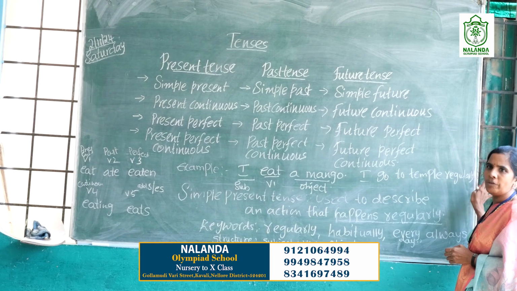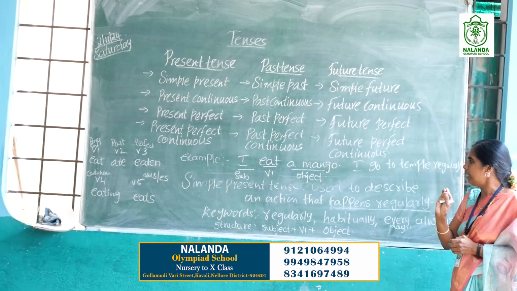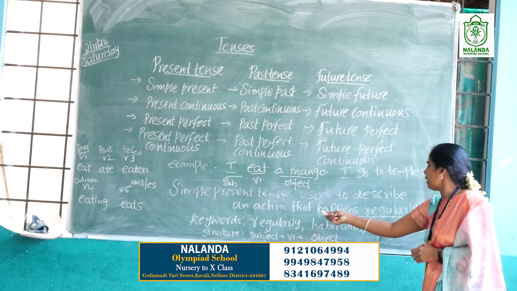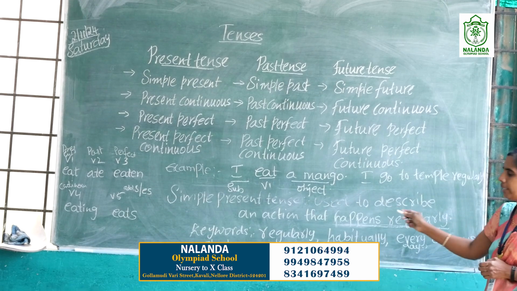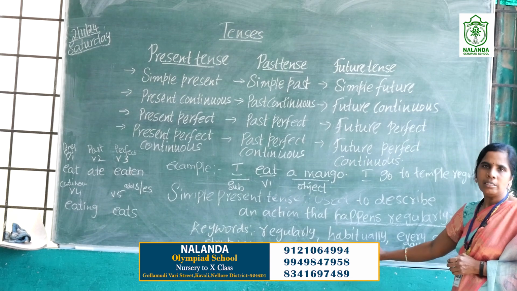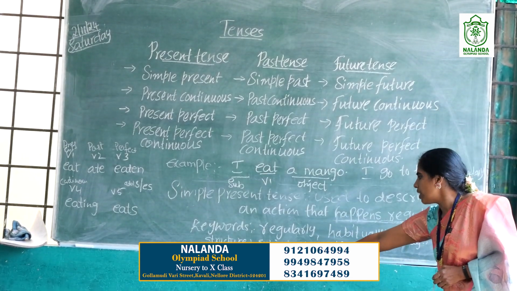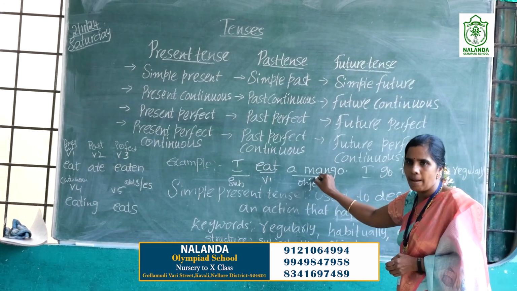Okay, children. With this example, I think you have made it clear that simple present tense is nothing but used to describe an action that happens regularly, and these are the keywords you have to remember. And the structure of simple present tense is subject plus V1 plus object, and this is an example.